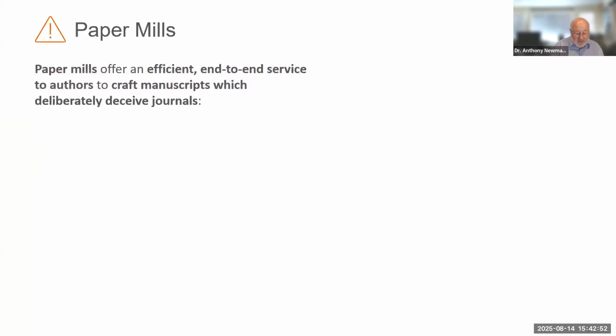Paper mills, talked about very briefly earlier on, are typically run by companies using scientists, mid-range scientists, who are trying to earn an extra buck illegally by making articles.